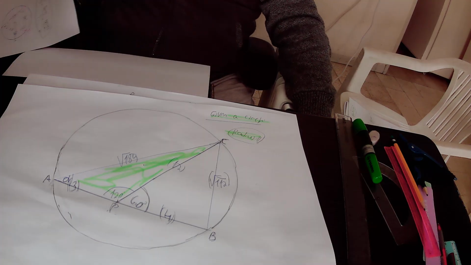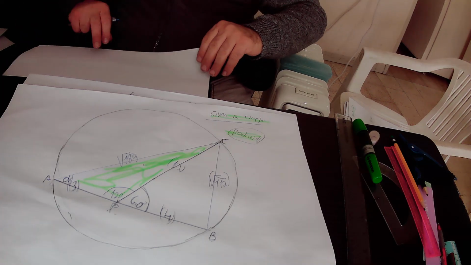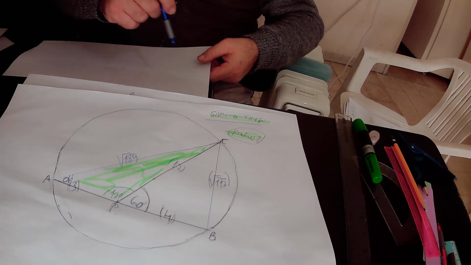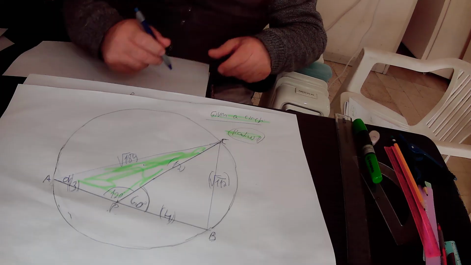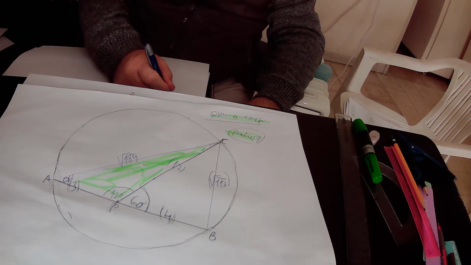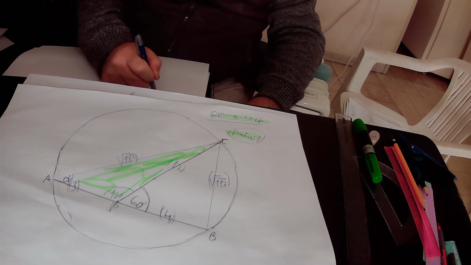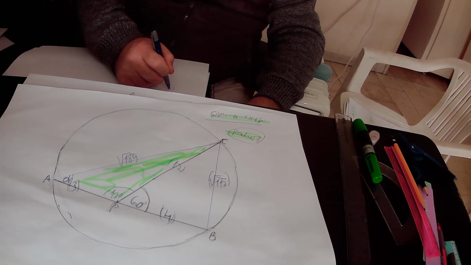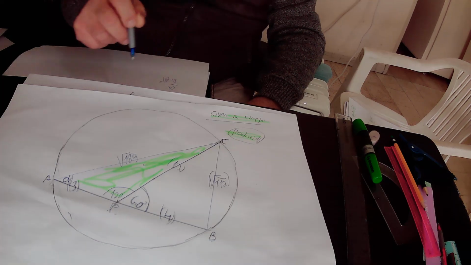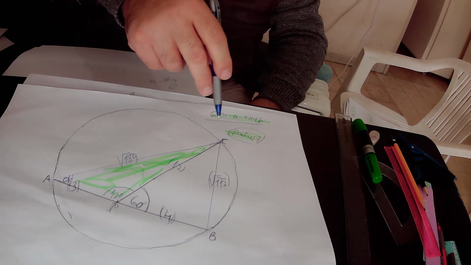So according to the law of sines, in triangle ABC, the following equation is true: CB over sine alpha equals 2R. Again, R is the radius of this circle that circumscribes triangle ABC.